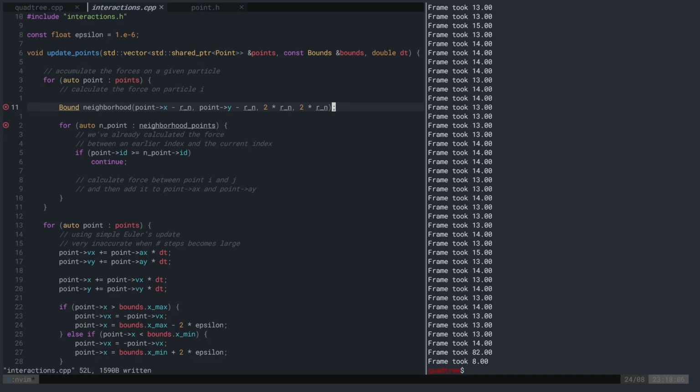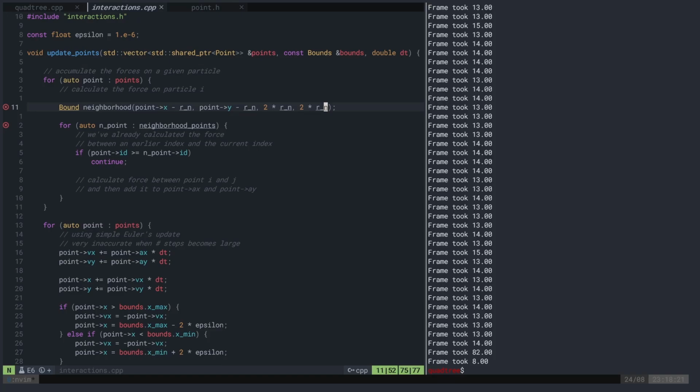And all this is saying is that we're defining a box that is centered at point x, point y, that has a width of twice this radius that we're interested in, right? And we can define that radius to be as big or as small as we want.